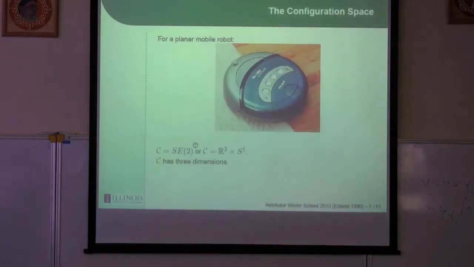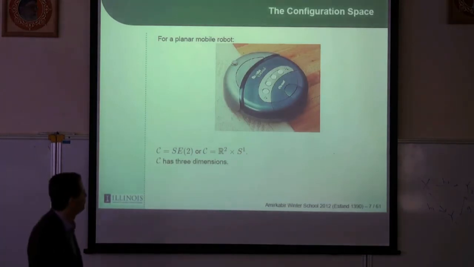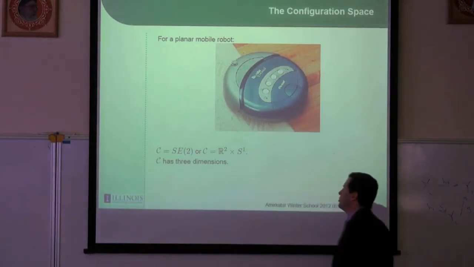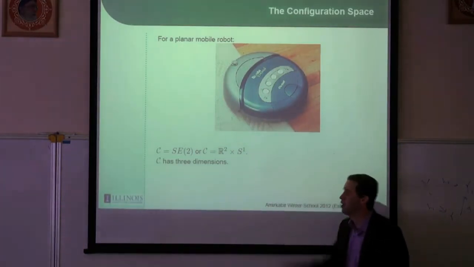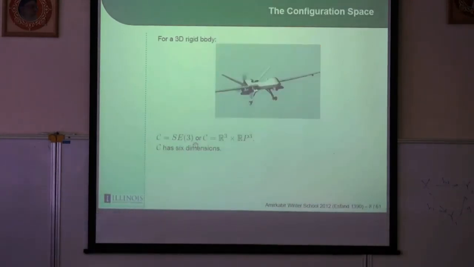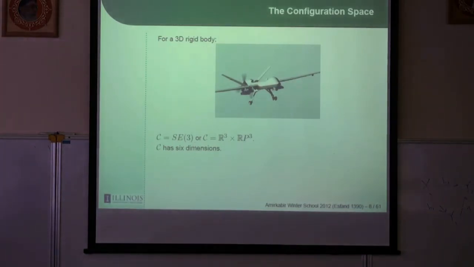Some cute examples. Here's another picture of that autonomous vacuum cleaner, maybe a better one than what I showed before. Actually, I showed this one before. The autonomous vacuum cleaner has SE(2), or R^2 × S^1, before we remove the obstacle. Maybe we have an autonomous unmanned aerial vehicle. You guys know about those in Iran, right?